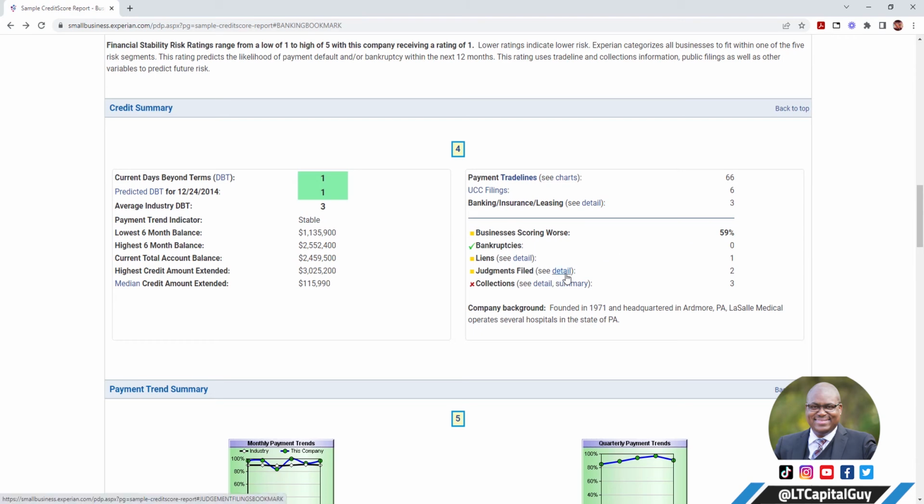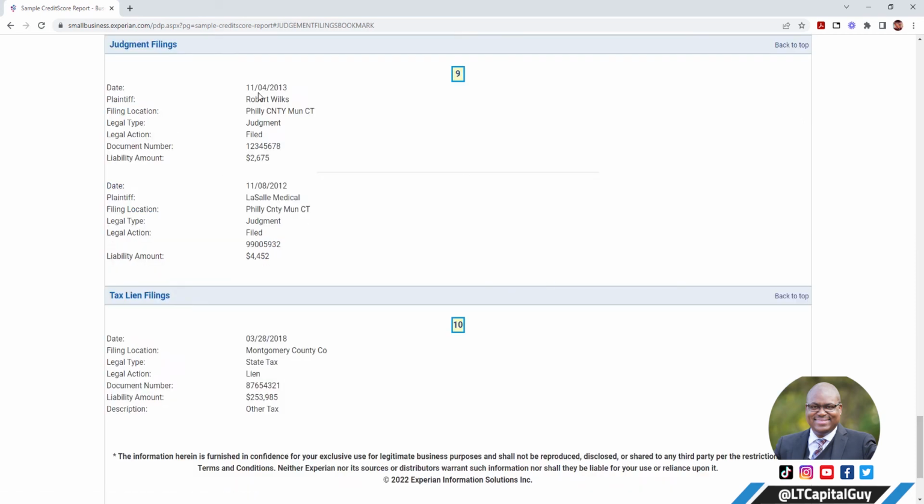It looks like we have a judgment that was filed. It's another cautionary item. If we click on the detail, we see information about the judgment filed against this company. Just like with bad payments, things could happen. By bad payment, I mean you actually paid beyond the due date. That's fine.